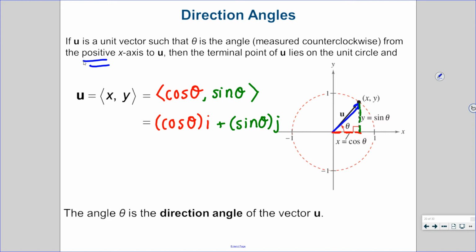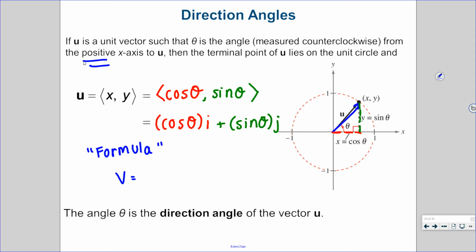So the formula you really need to know if you want to use the direction angle to help you find out stuff about your vector, like it might ask you, here's a direction angle, find the magnitude, or here's the magnitude of the vector, find the direction angle. Here's a formula you need to know, and it comes from this visual here. Any vector, I'm just going to say v, that's not on the unit circle, so that doesn't have a magnitude of 1.